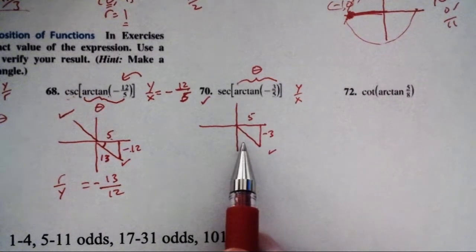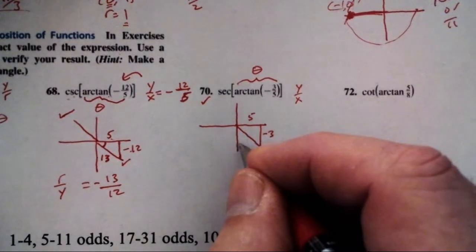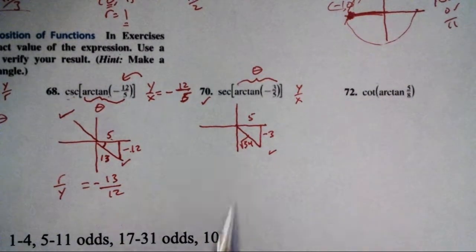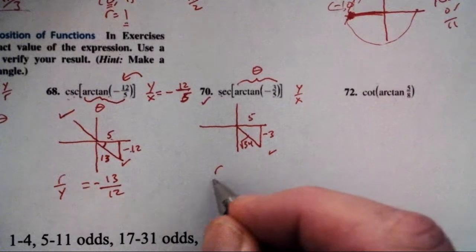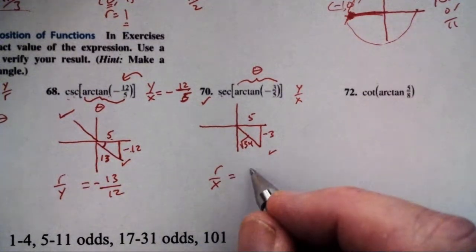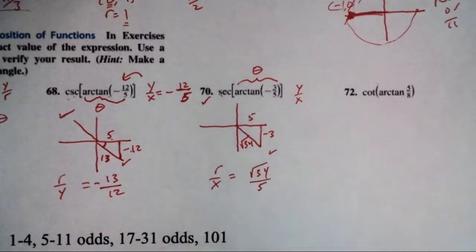In 3, 4, 5, the hypotenuse would have to be 5. So 25 plus 9, 34. This side is square root of 34. We want secant, reciprocal of cosine. Cosine is x on r. We want r on x. And r to x, that ratio is square root of 34 to 5.